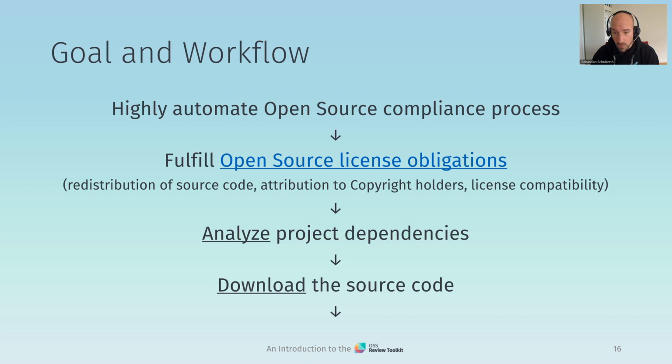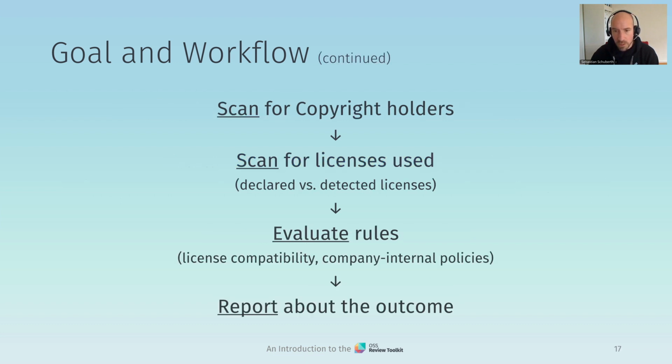Which forces us to analyze the project dependencies, and as another step after that, also download the source code in order to scan the source code of dependencies for copyright holders and for licenses being used. So this is the place where we can then double check and compare declared versus detected licenses.